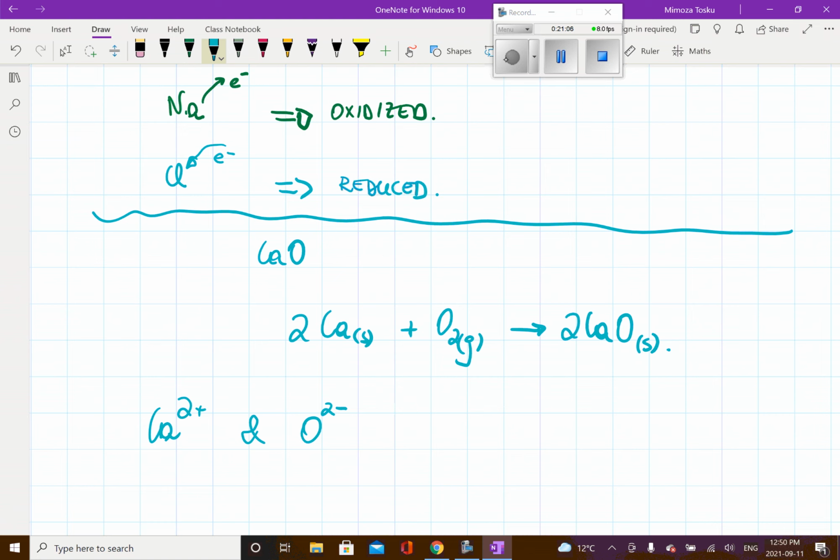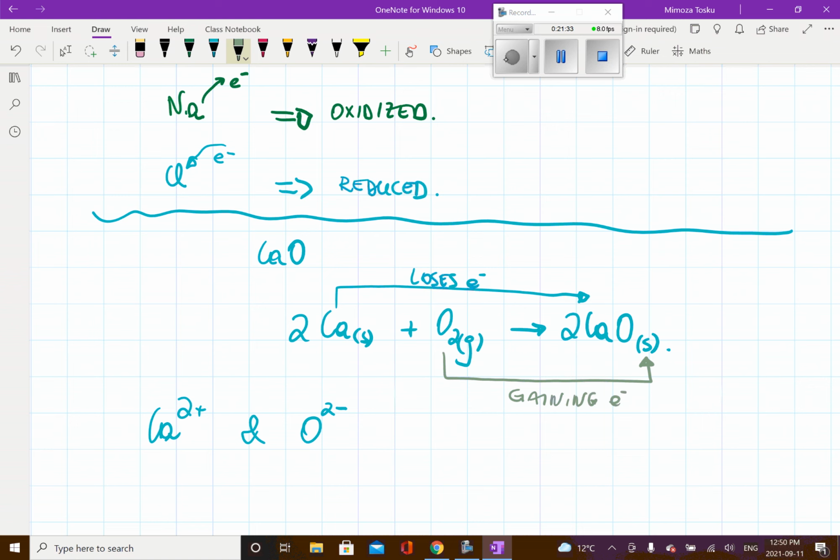In this reaction, 2 calcium atoms give up or transfer electrons. The calcium loses electrons, while the oxygen is gaining electrons.